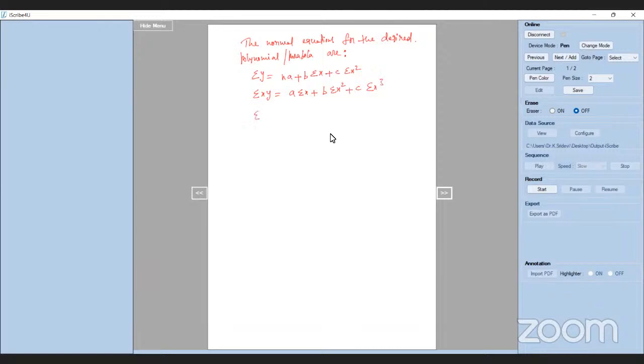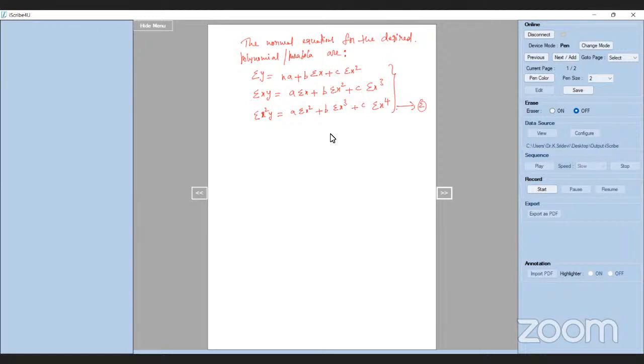The third equation is summation x square y is equal to A summation x square plus B summation x cube plus C summation x to the power 4. So these are three normal equations. Give equation number 2.